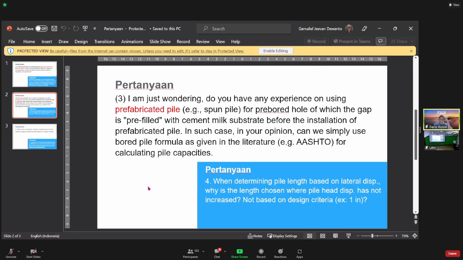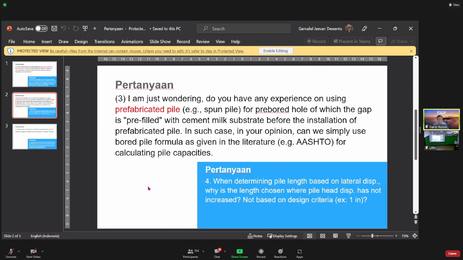Prefabricated pile, so you drill a hole, you insert your prefabricated pile, and then you fill the annulus with some kind of cement. In such a case, I think to compute the geotechnical capacity, you can use it.